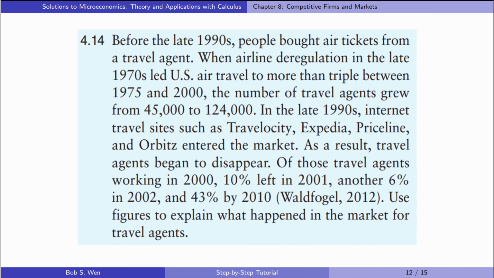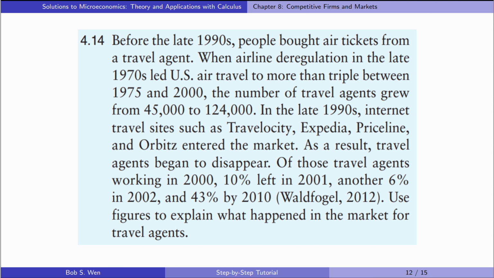Let's see exercise 4.14. Before the late 1990s, people bought air tickets from a travel agent. When airline deregulation in the late 1970s led U.S. air travel to more than triple between 1975 and 2000, the number of travel agents grew from 45,000 to 124,000.